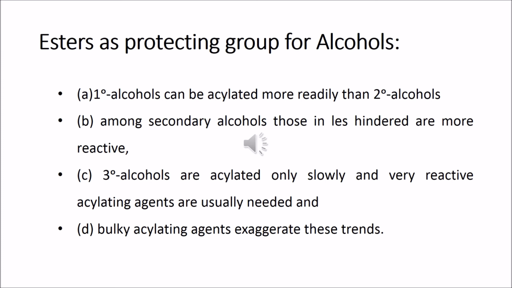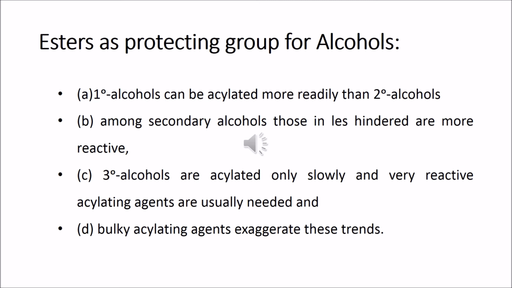Steric hindrance plays a significant role in determining the selectivity of alcohol towards acylation. In general, a 1-degree alcohol can be acylated more readily than a 2-degree alcohol. That means primary alcohol can be acylated more easily than secondary alcohol. Among secondary alcohols, those in less hindered positions are more reactive.